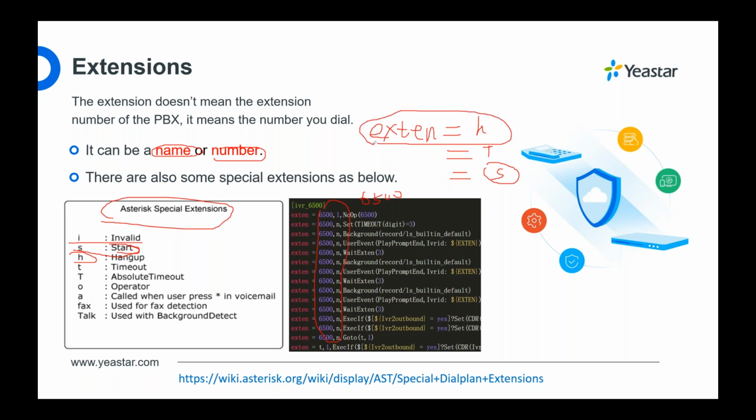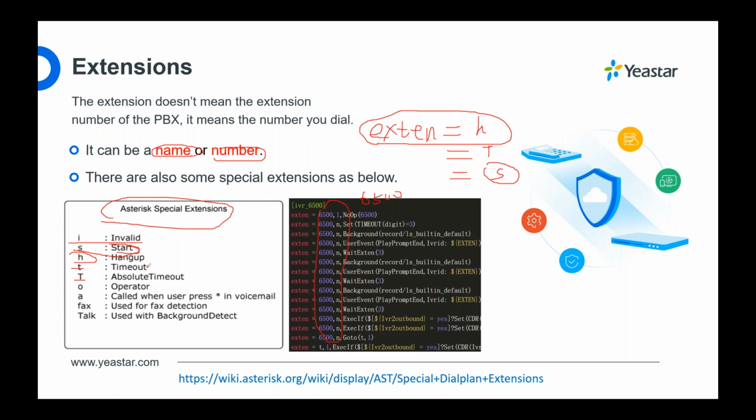If you see this one, the call will be hung up. And we have a little t and a capital T. The small one is a timeout. It is used when the call remains inactive after a prompt has been played. It is also used to hang up an inactive line.